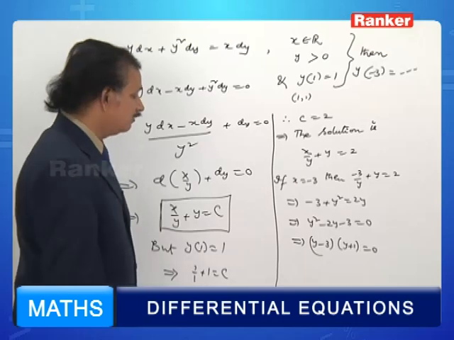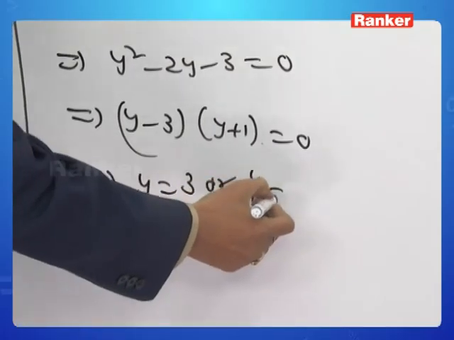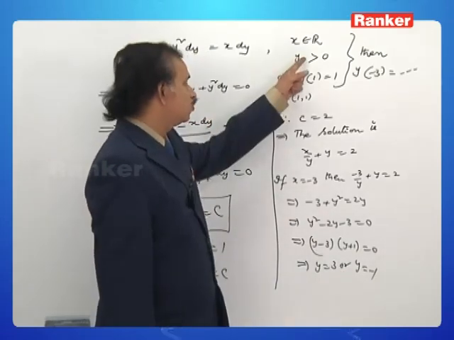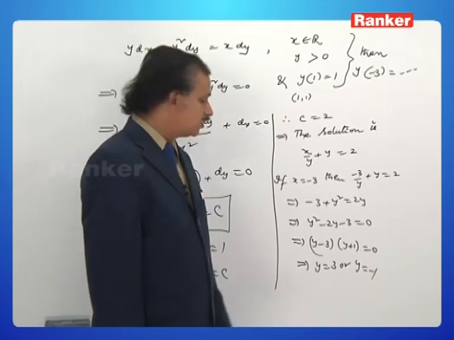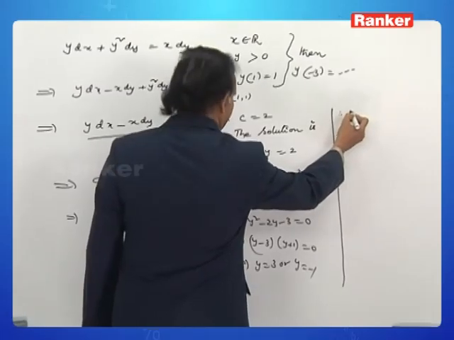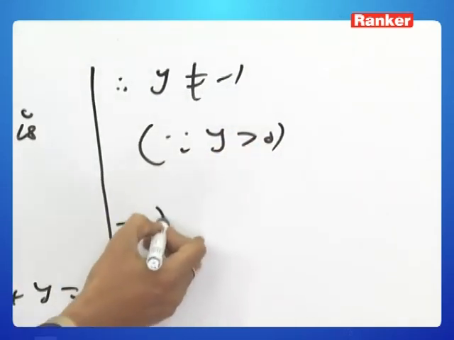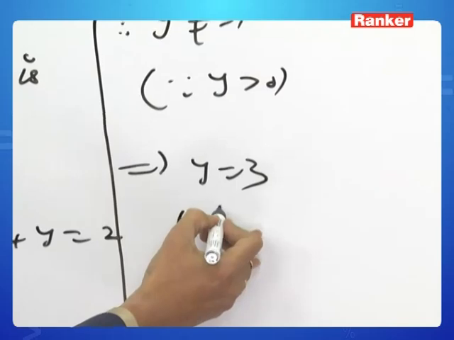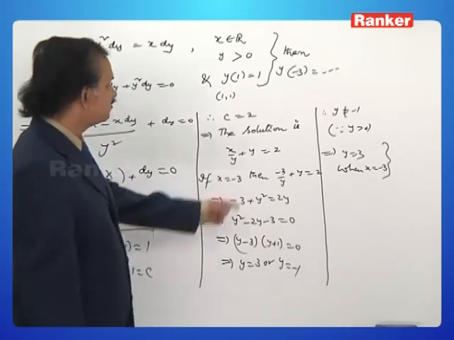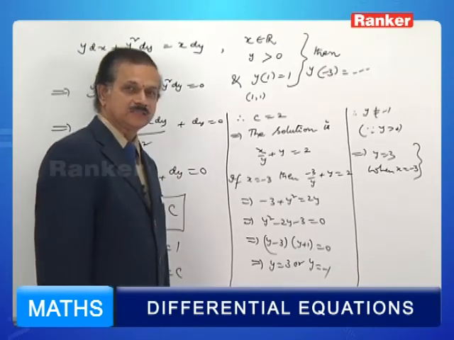From this, y is equal to 3 or y is equal to minus 1. At this instance, we have to remember that y is given to be positive, so it cannot be minus 1. Therefore, y is not equal to minus 1 since y is greater than 0. So y is equal to 3 when x is equal to minus 3. Therefore, the right answer is y at minus 3 is 3.